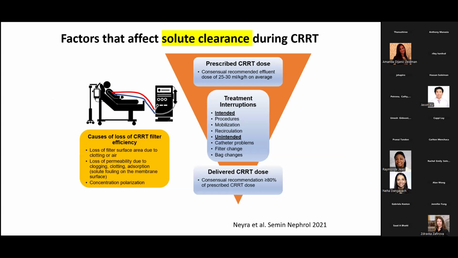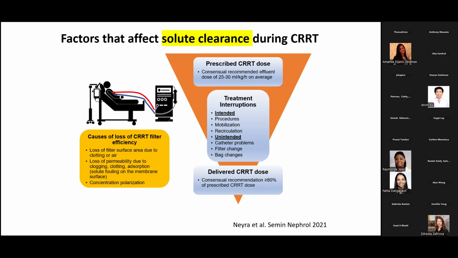So, of course, from the prescribed dose to the delivered dose, treatment interruptions can affect what we prescribe and what we deliver. Some of these interruptions are unintended, and some of them are intended if we need to send the patient for a procedure, for example. And also, there are some biological aspects in the filter, where the filter will lose efficiency. But that's a different story that we cannot control.